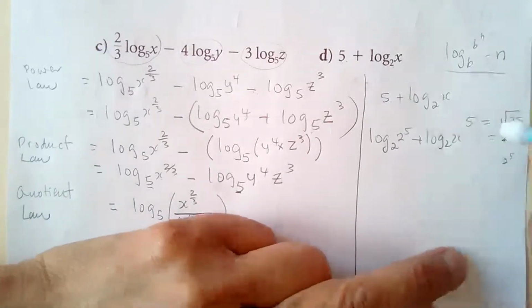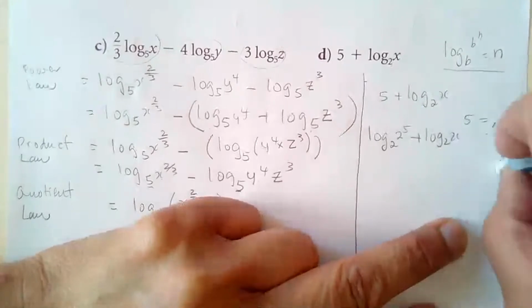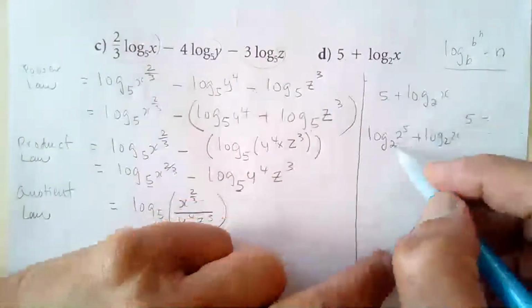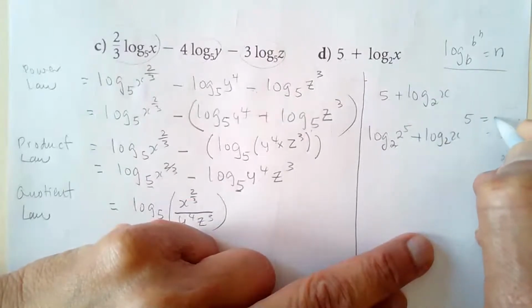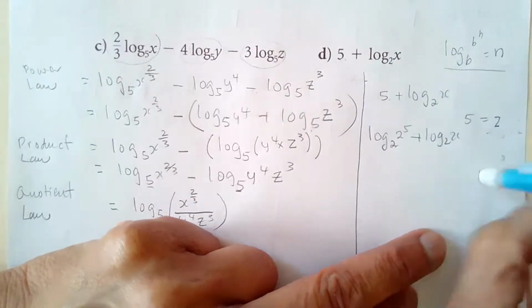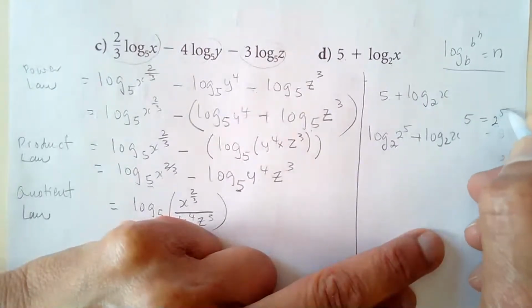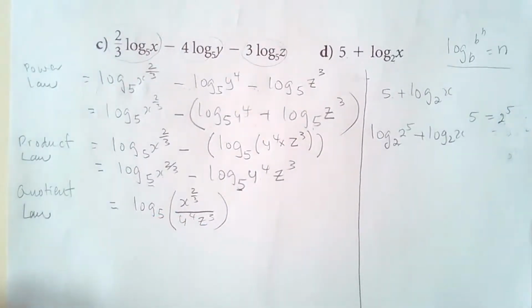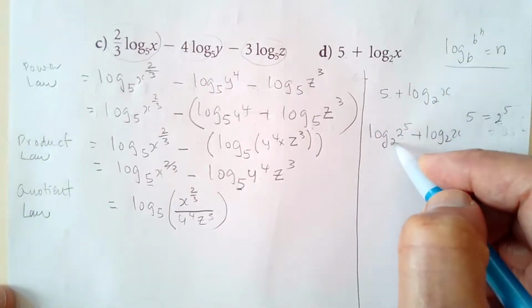So we're going to make this as 5, because we write it as base 2 here. Let's see, 2 to the power of 5 will give us what? 2 to the power of 5 is 32.